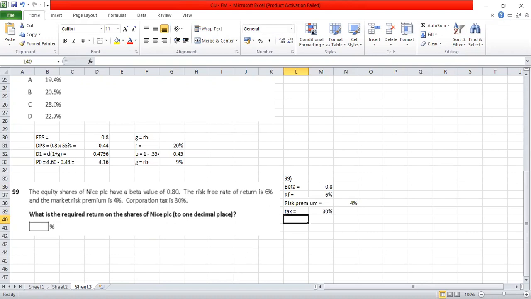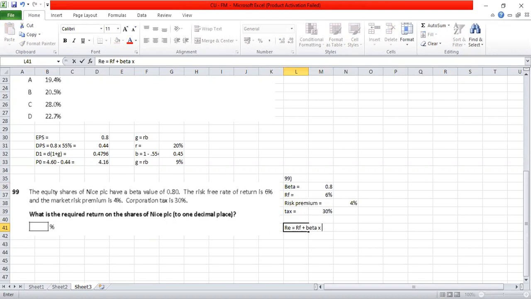So what is the formula? First write the formula. Return on equity is equal to RF, risk-free return, plus beta into RM minus RF, but RM minus RF is RP, risk premium.